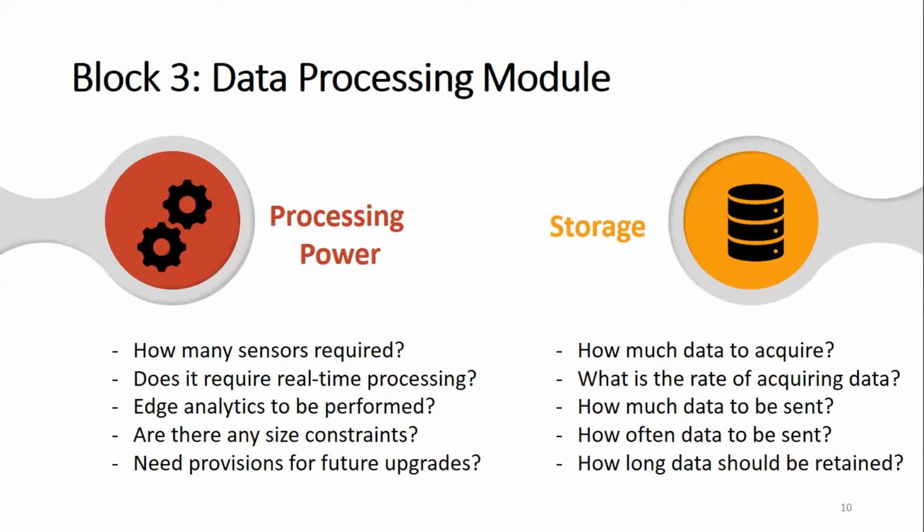Now, the third block is the data processing module. And this is the computer that processes the data, performs local analytics, and it may store data locally, and it might perform any other computing operations at the edge. So when deciding the processing power of our device, we have to consider how many sensors are we going to connect to our device, and does it require real-time processing, and also are we going to do some sort of analytics at the edge, and what are the size constraints?